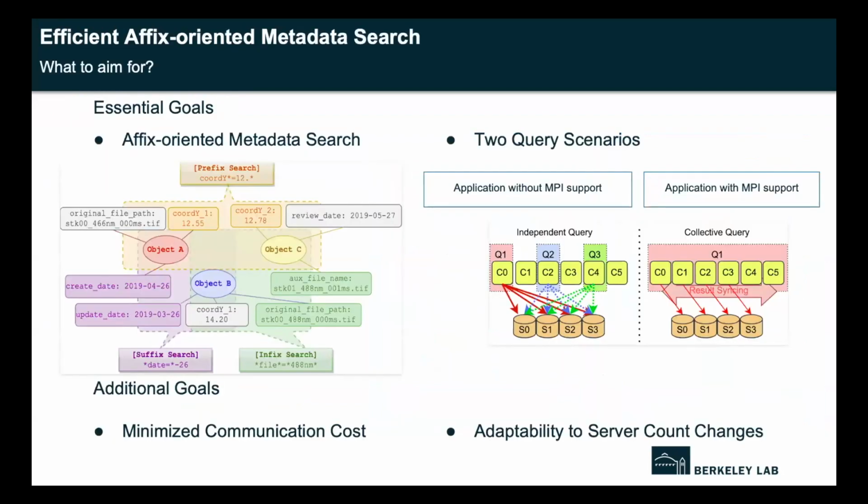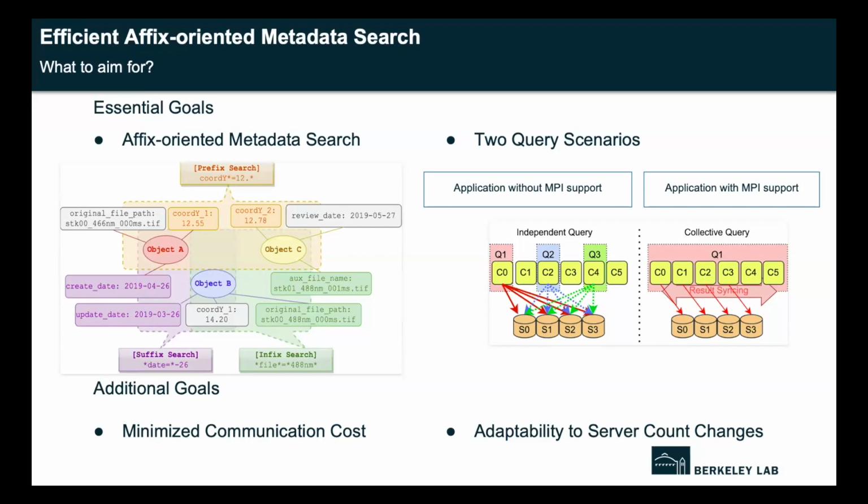For this question, we want to provide efficient affix-oriented metadata search. What do we aim for? There are two different goals we need to achieve. The first is to support affix-oriented metadata search, which allows affixes on the key part and also on the value part in the query condition.